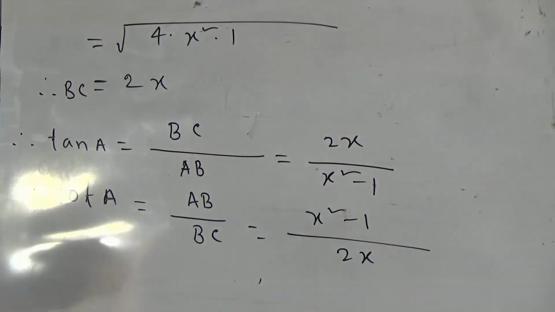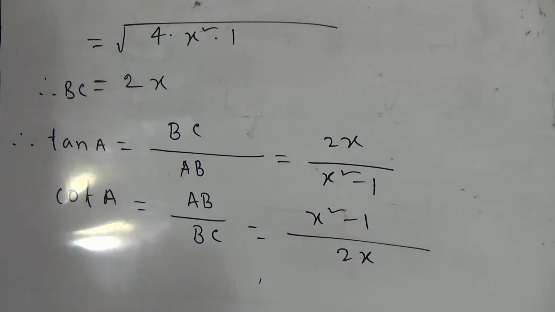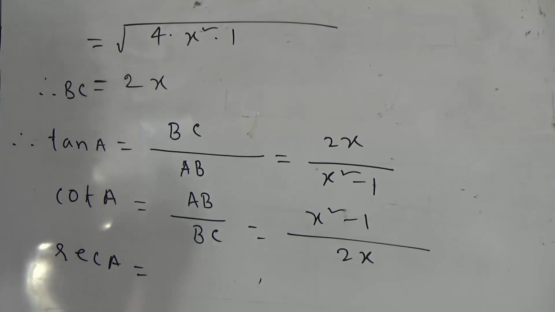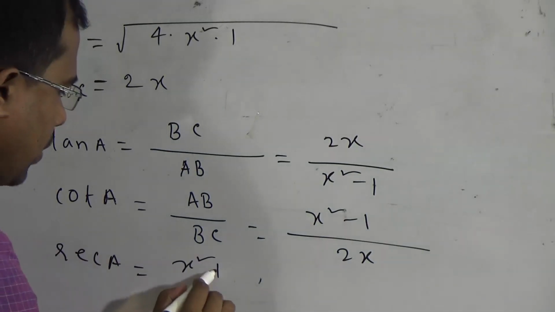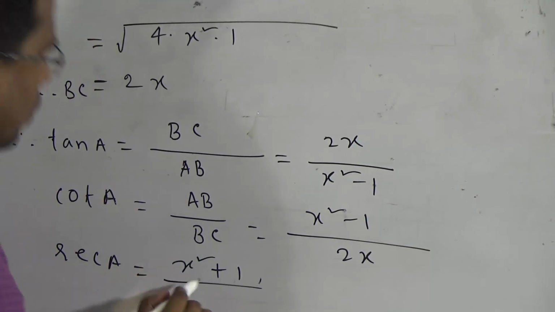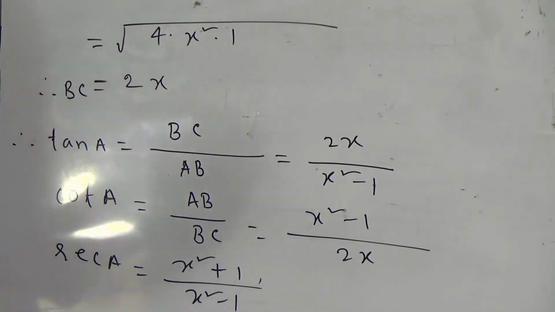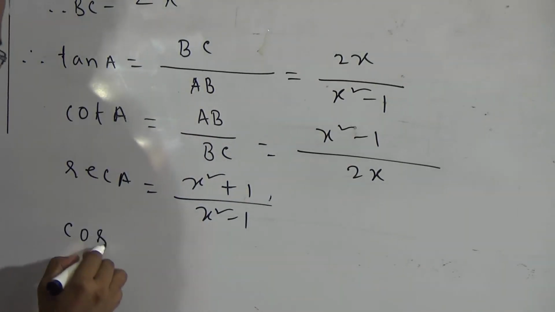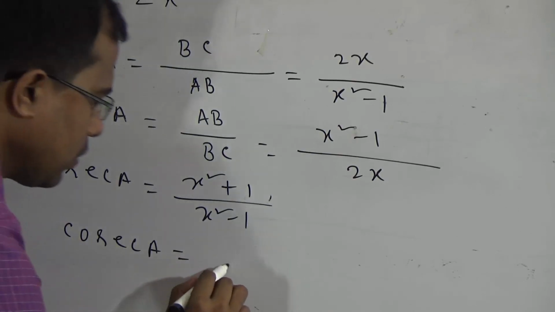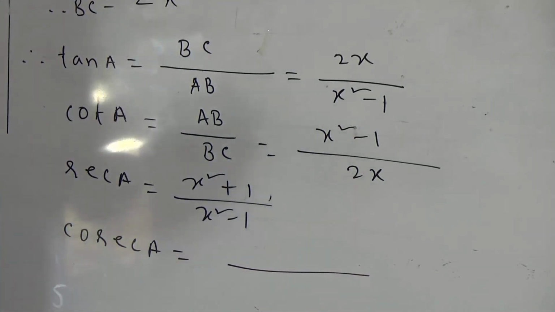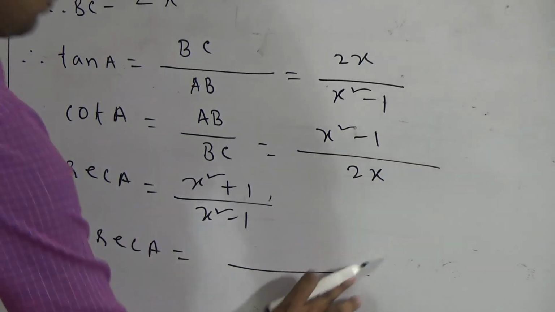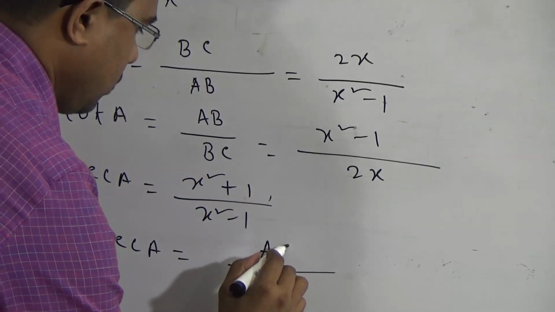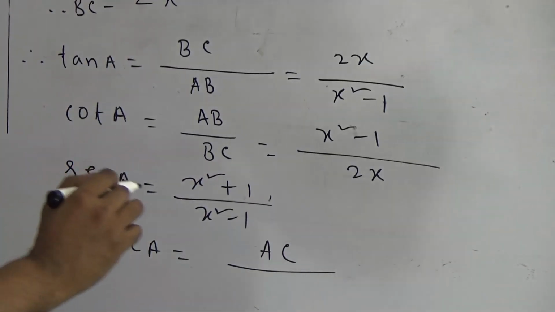Now we'll find out sec A. Sec A is already given. Sec A equal to x square plus 1 divided by x square minus 1. Now cosec A. We know that cosec A means hypotenuse divided by opposite side.